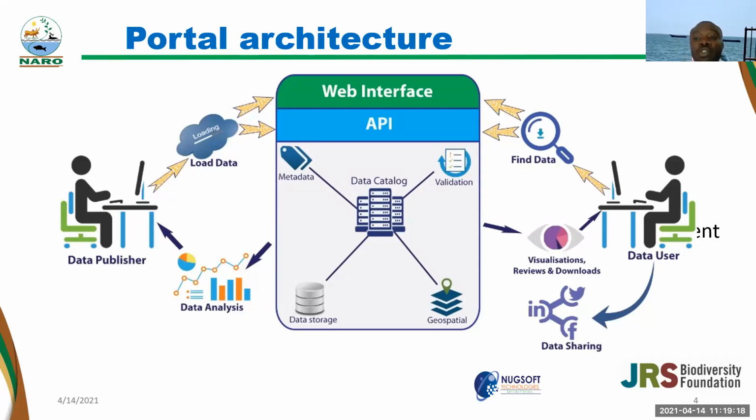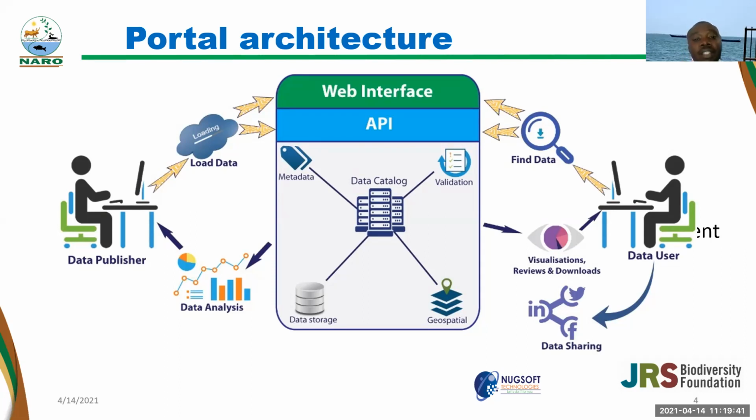And then we have also a user, a student, an academician, somewhere, whether in his home or in his office, who is able to come and find data from the portal. He accesses it, and either he shares this on Facebook, Twitter, LinkedIn, and other social media platforms.